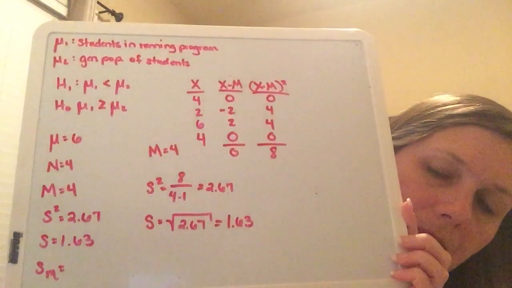Okay, square root of 2.67. Okay, 1.63, so that's the standard deviation.